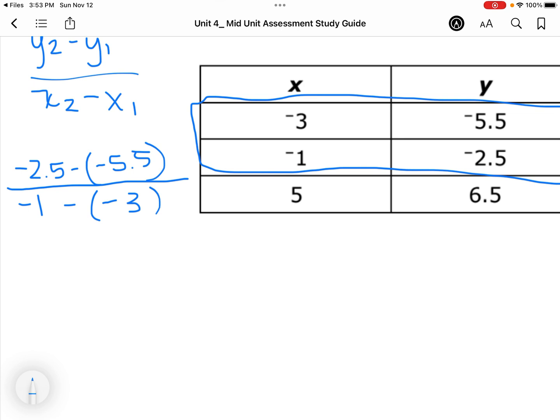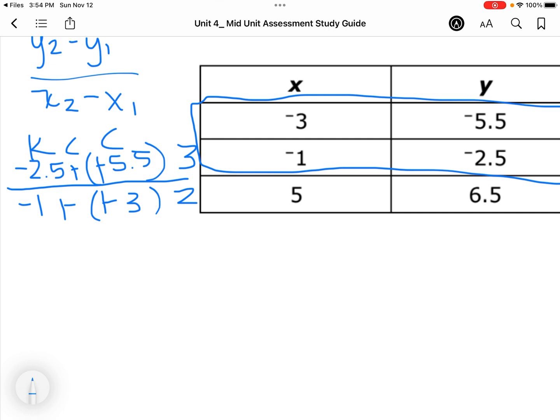So we're going to look at this and see what happens. We've got to keep, change, because I don't have a fancy calculator in front of me. So that's going to be 3, and then keep, change, that's going to be 2. So we've got 3/2.